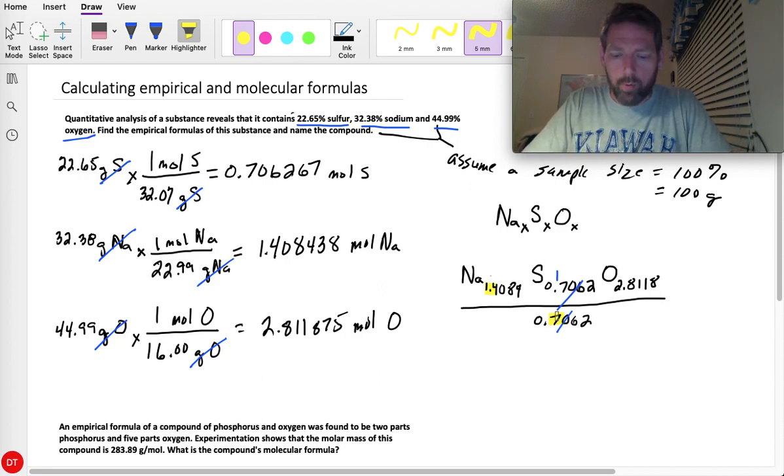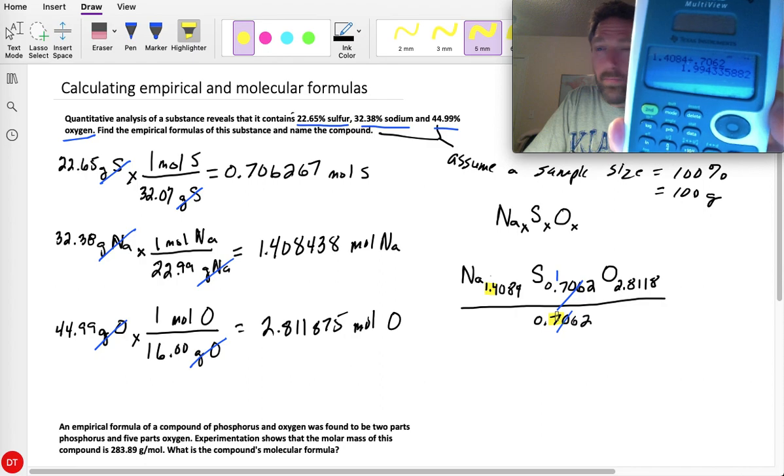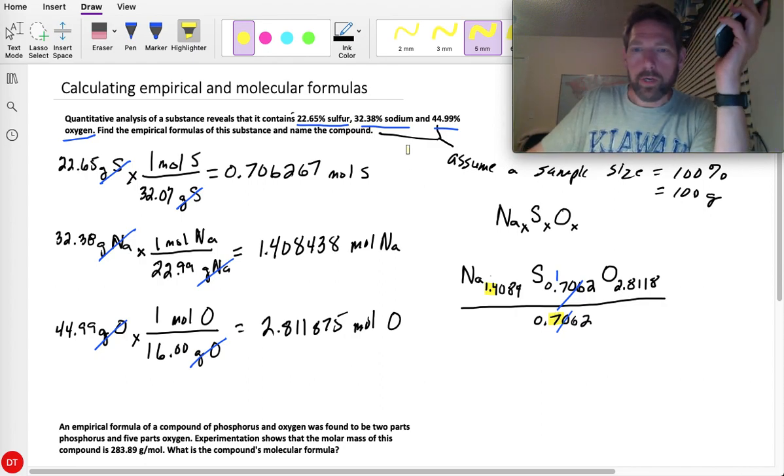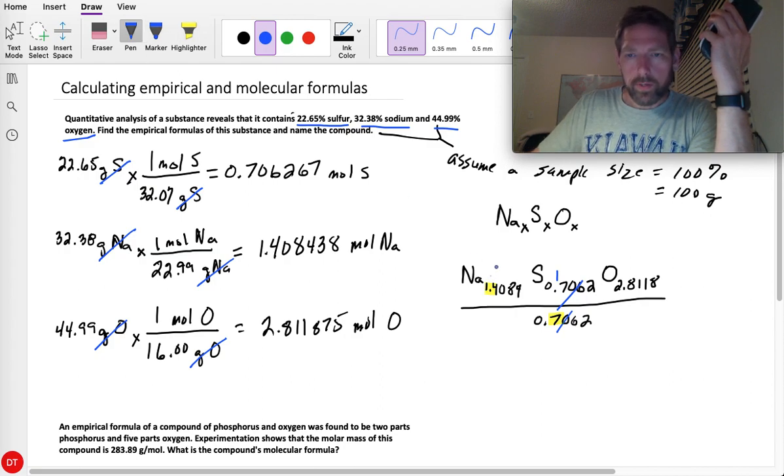So 1.4084 divided by 0.7062, and we get 1.9943 and a whole bunch of other numbers, right? So let me come back up here. We see that when we divide this out, we get 1.99.